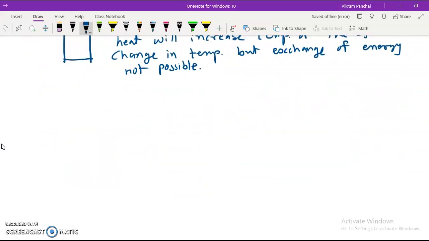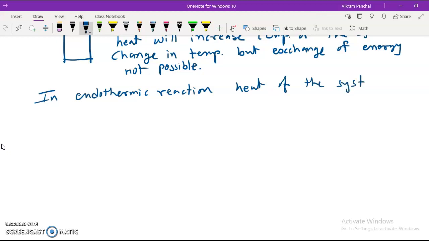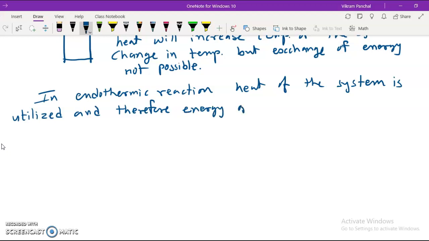Similarly, in endothermic reaction, heat of the system is utilized, and therefore energy of the system decreases, which will reduce temperature also.